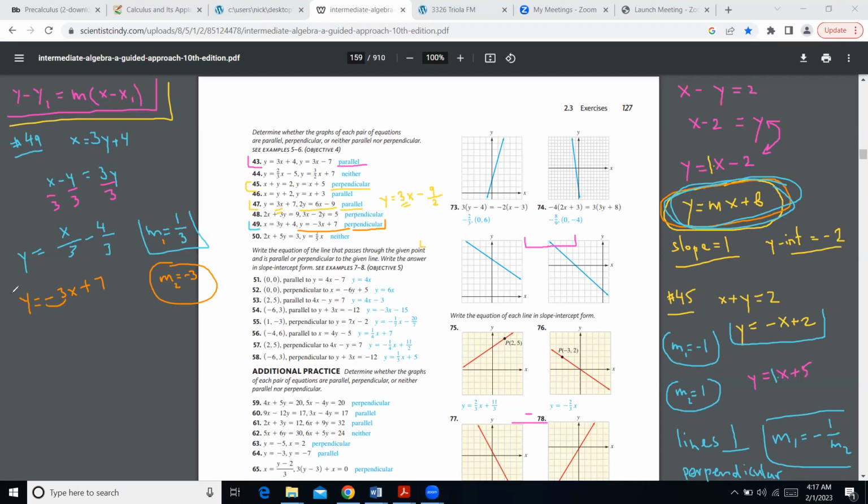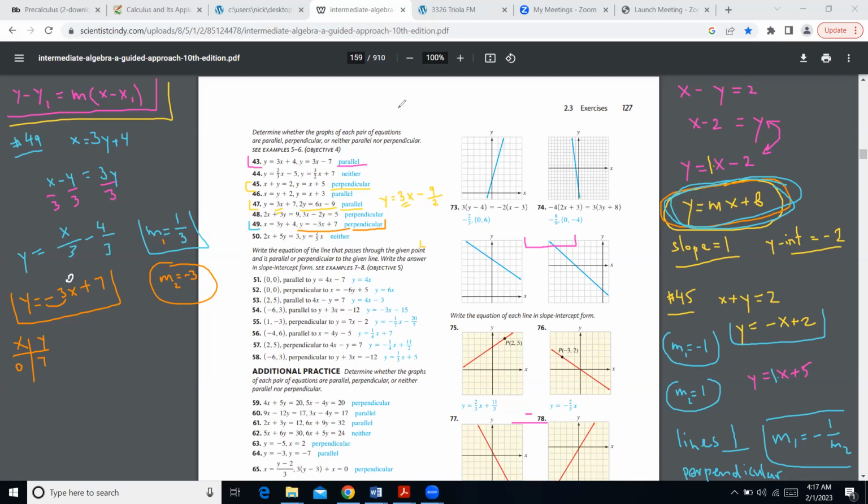So let me graph both of them. Like this line, I can graph using a pair of points x, y. So if x is 0, then y is going to be 7, right? If I put 0 here instead of x, it is going to simply disappear. I love that number 0.